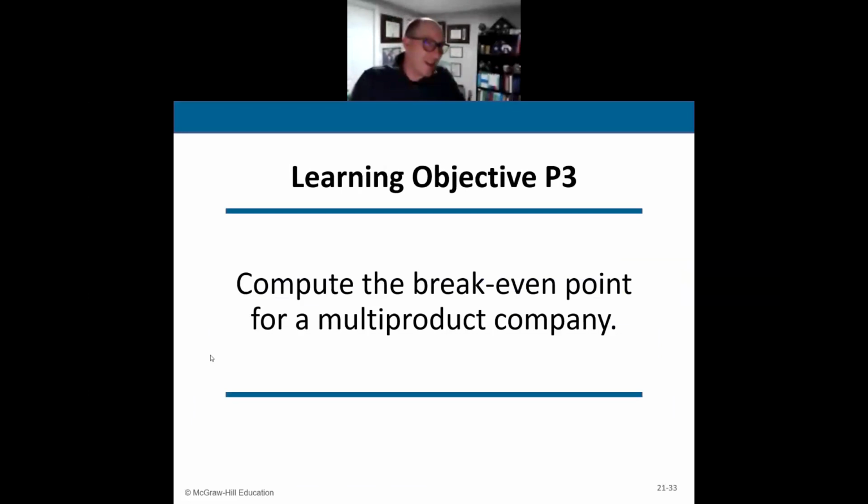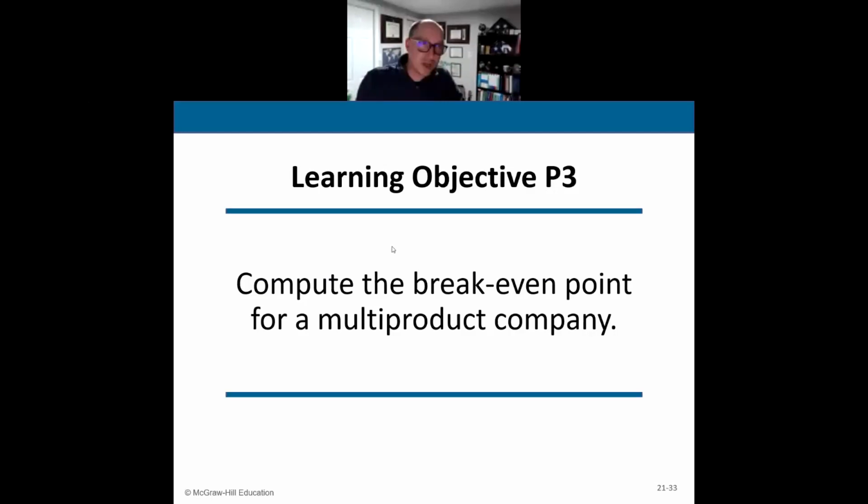Okay. So we also can calculate break-even points for a company that sells a lot of different products through the sales mix. The sales mix, as we discussed earlier on, is when a company offers a variety of the product.